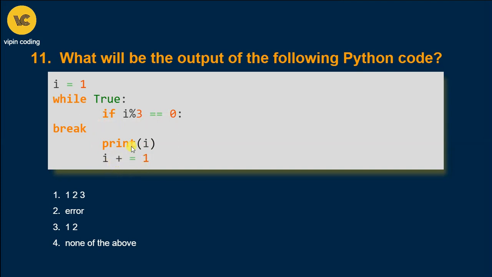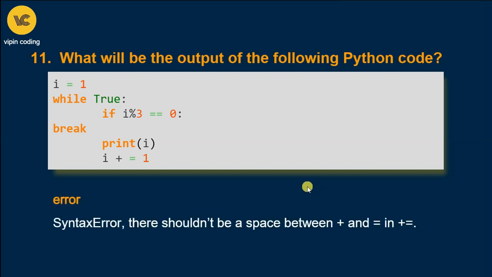Then what will be the output for this code? Our options are 1, 2, 3; second is error; third one is 1, 2; and fourth is none of the above. So pause this video, run this code and give your answer in the comment section, and I'm moving to the next.